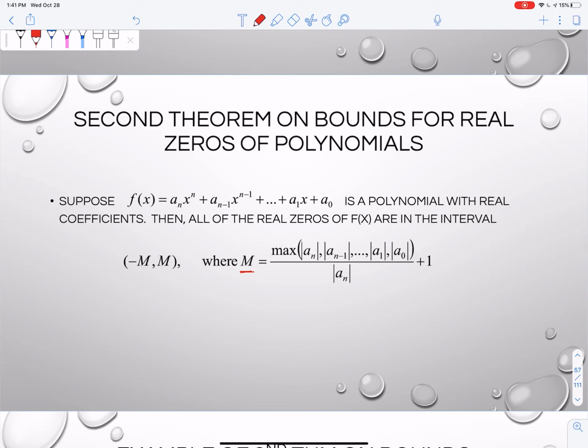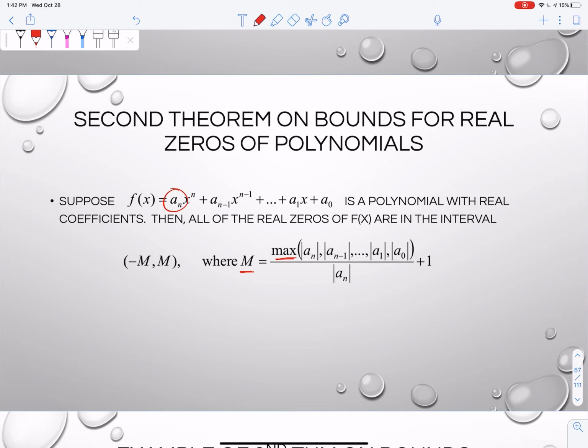It's going to be the maximum of the absolute values of each of those coefficients, so I'm only looking at the positive values here. Whatever my largest coefficient is, divided by my leading coefficient, and then I'm going to add 1 to it. Whatever value I got for m, everything must fall in the interval of -m to m.